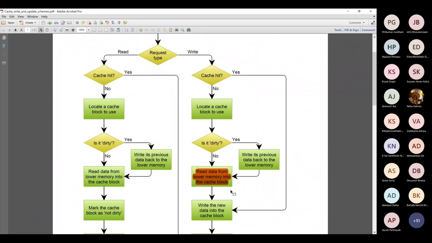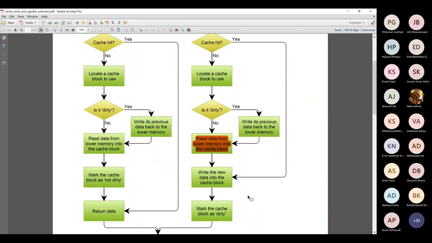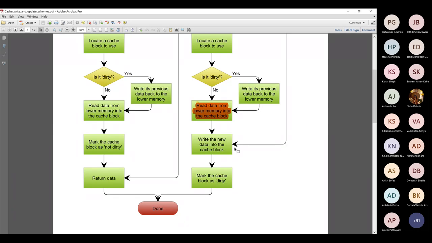I will upload this on Moodle, and there are some comments written here. You download this file and have a look at the comments. So you read data from memory into the cache block. Overwriting is fine because you have taken care to write the dirty block into the lower memory. If it is not dirty, you don't care. You just overwrite.